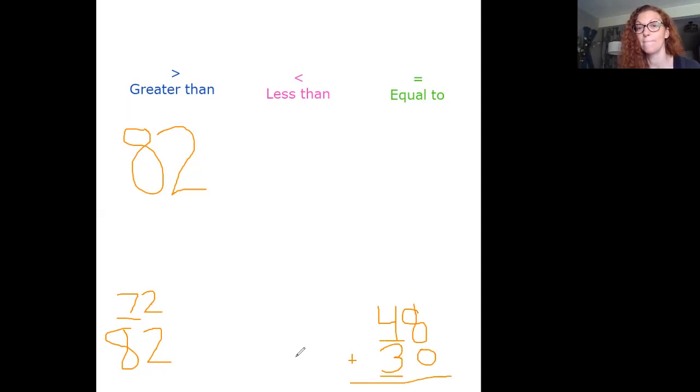So how many tens do I have? I have 4 tens and 3 tens. Yep, 7 tens, and I still have my 8 ones. So my number is, nice job, 78. All right, now look at those tens, right? We just figured out that we have 8 tens over here and 7 tens over here. Draw your symbol.